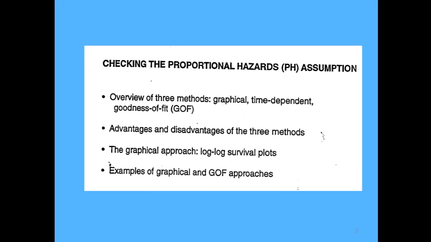That's one approach. Another approach is what's called a time-dependent variable approach, where you wind up adding to your model a product term involving one of your time-independent variables with some function of time.